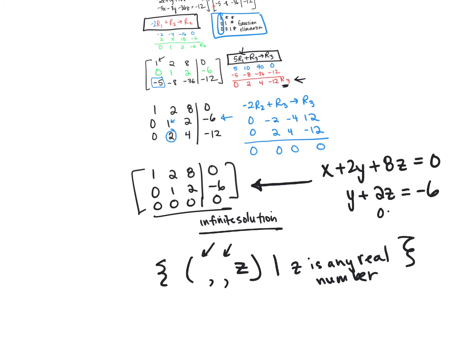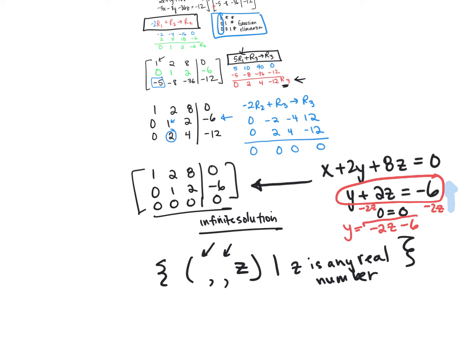And then 0 equals 0, which lets me know that there are infinite solutions. So when I work my way up and look at y plus 2z equals -6, I can rewrite that so that y equals something. I do that by subtracting 2z. So y is equal to -2z minus 6.